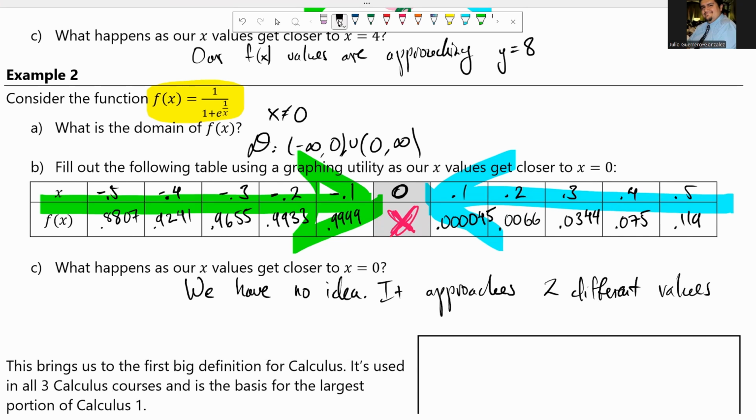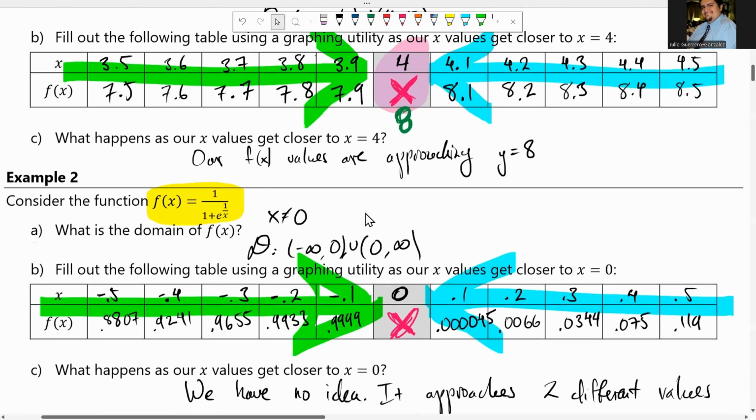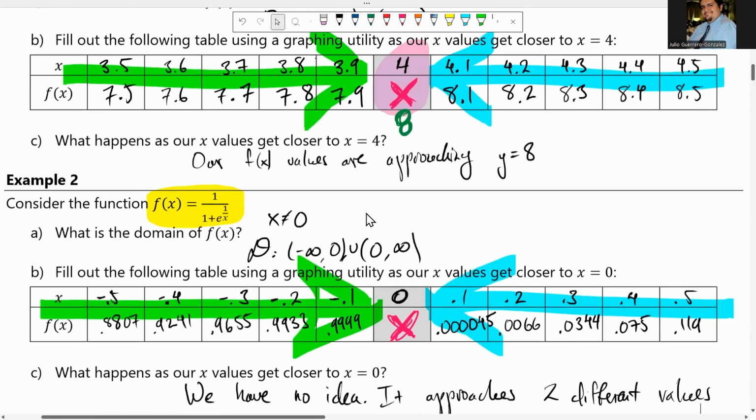If we approach from the positive side, that's getting closer to 0. And if we approach it from the negative side, that's getting closer to 1. It's approaching two different values. So what do we do? Both of these examples pretty much encapsulate the reason why we have this idea of a limit.